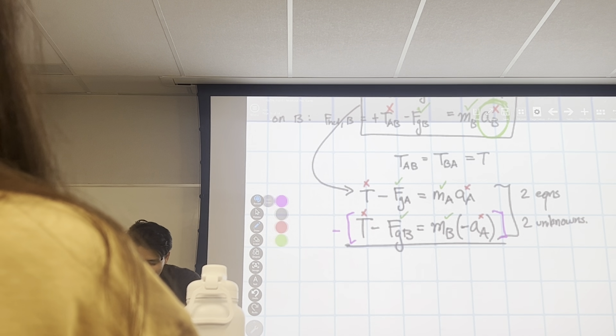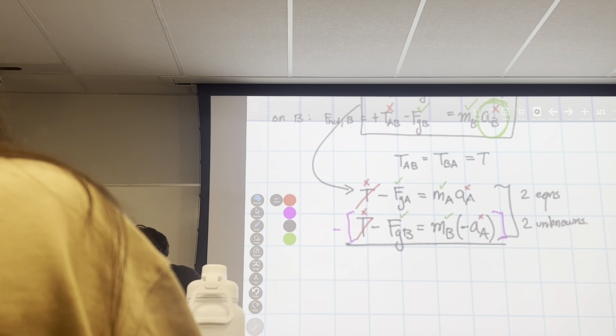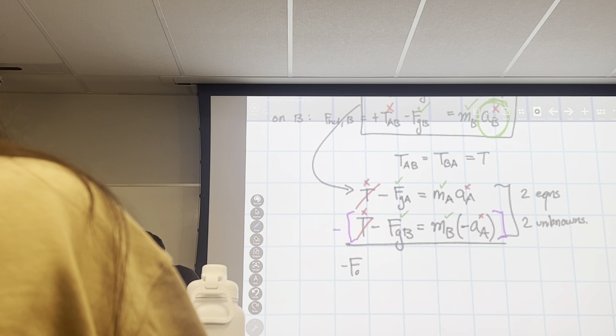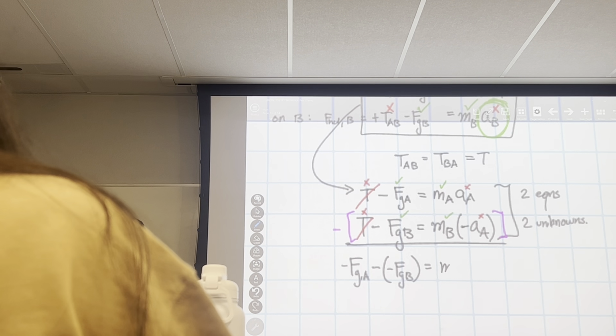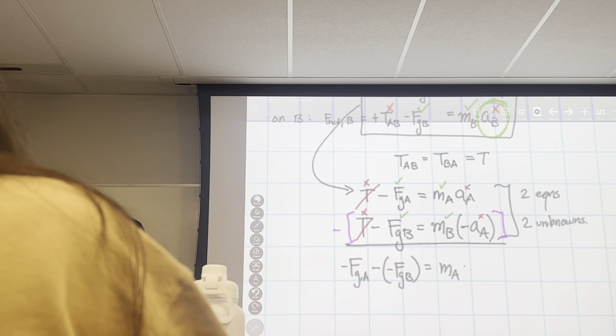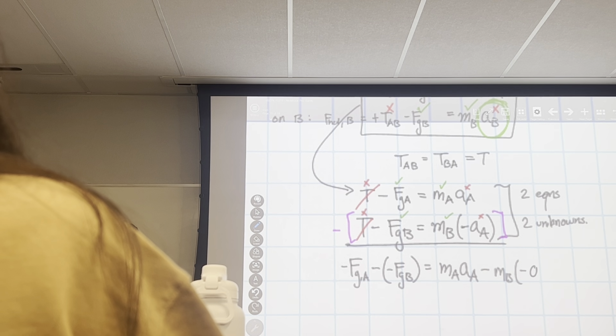At which point, the 2 different tensions cross out, and we get negative force of gravity on A minus a negative force of gravity on B. This is going to equal mass of A times the acceleration of A minus mass of B times the negative acceleration of A.